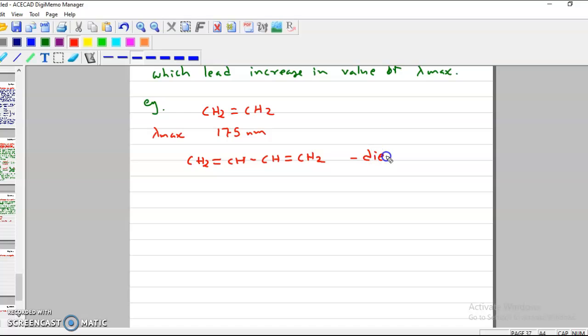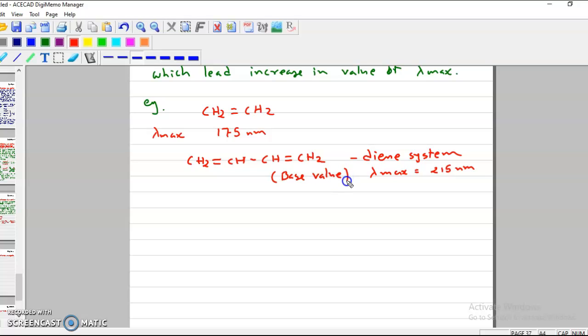This is called a diene system. So the value of lambda maxima would be about 215 nanometer, and this is also known as the base value.